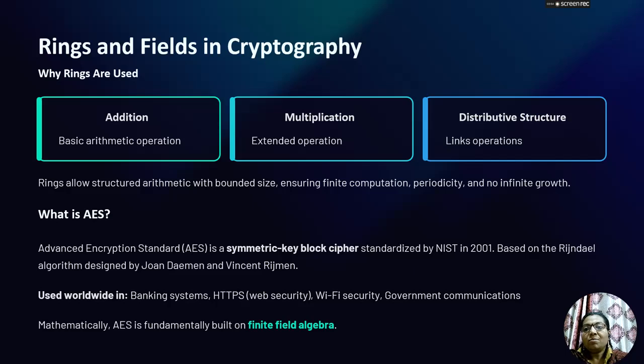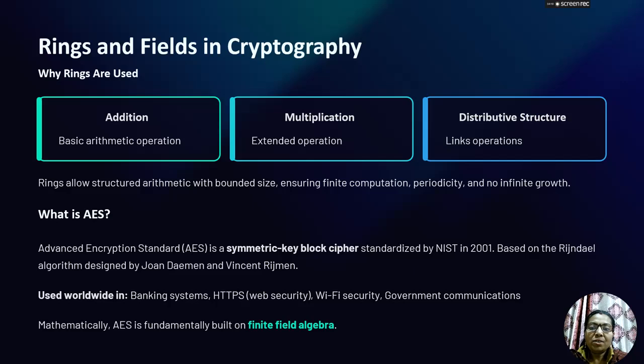The next concept we are going to see is AES. What do we mean by AES? It is the Advanced Encryption Standard. It is a symmetric key block cipher, standardized by NIST in the year 2001. This algorithm was designed by John Daemen and Vincent Rijmen.